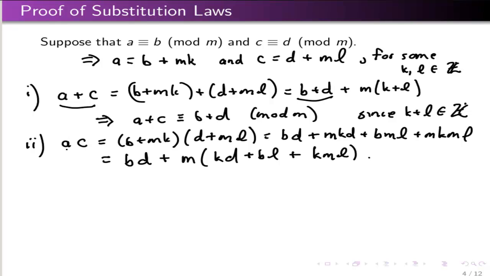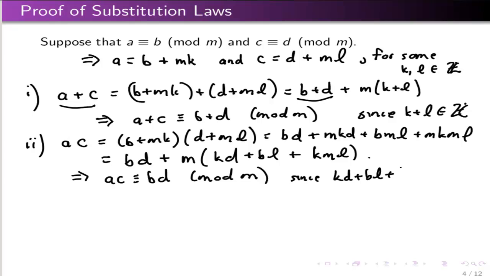And again, we see that a times c and b times d differ by a multiple of m. So ac is congruent to bd mod m, since this quantity right here is an integer, kd plus bl plus kml. And as I noted earlier, part 3 just follows by induction.